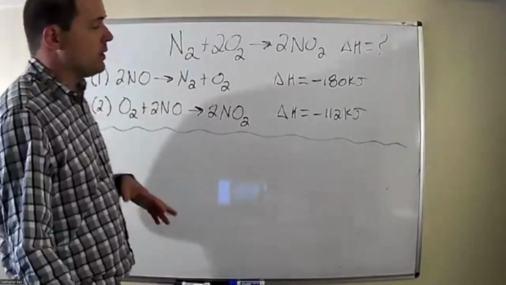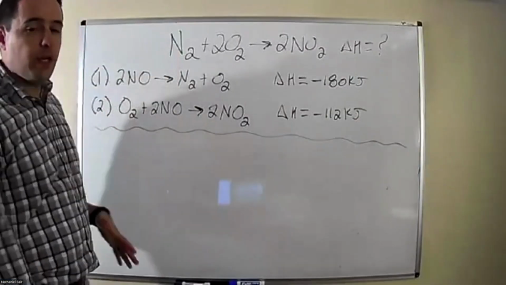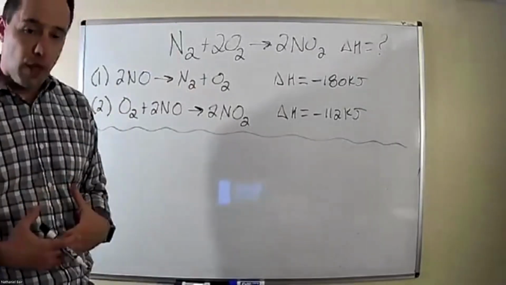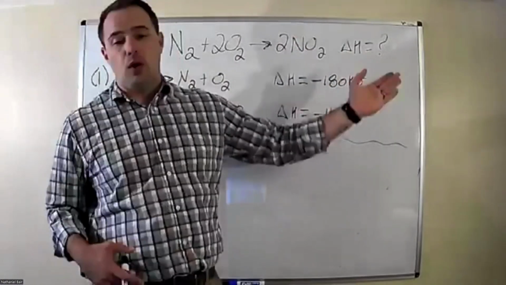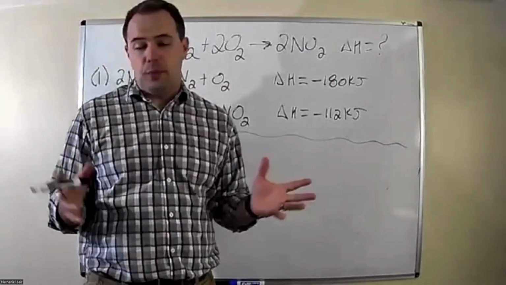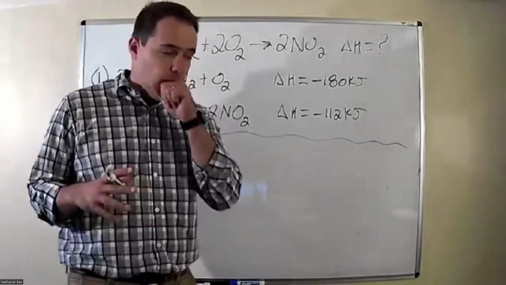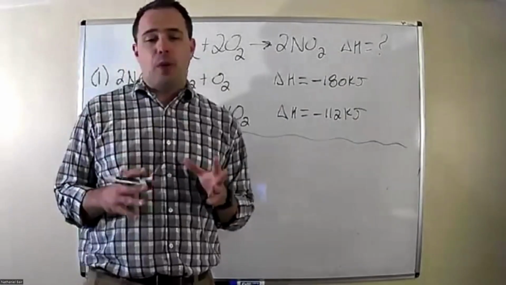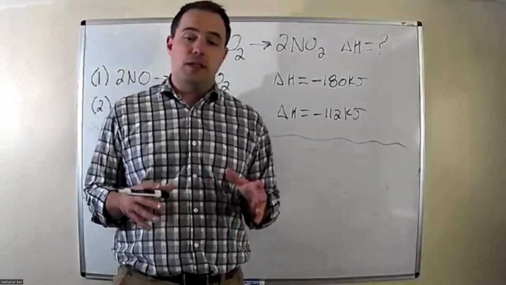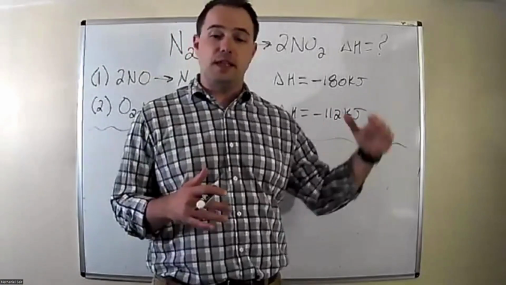Okay, so here's how this works. We are going to be given a couple reactions that we can combine and get everything to cancel out that we don't want and be left with the overall reaction. Now, because enthalpy is what is called a state function, which you don't have to know what that is, the change in enthalpy does not depend on how many steps it takes to get there.